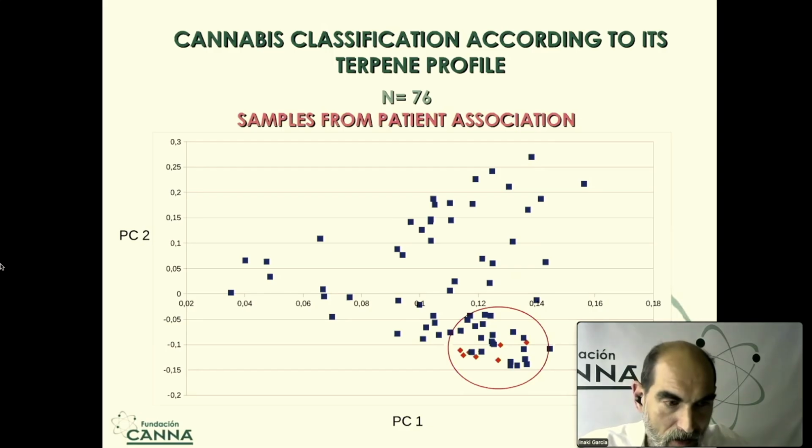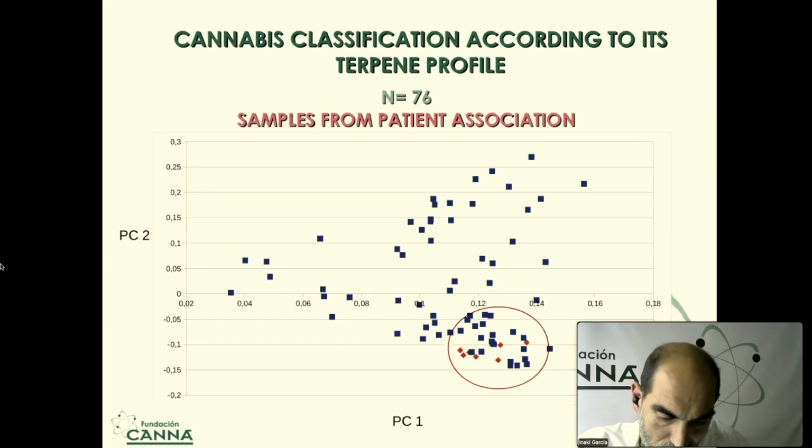have access to. The red dots are plants from a patient association here in Spain, okay? And these plants are used for medicinal purposes. All these plants are rich in THC. Remember that this classification has nothing to do with the cannabinoids, just with the terpene profile.